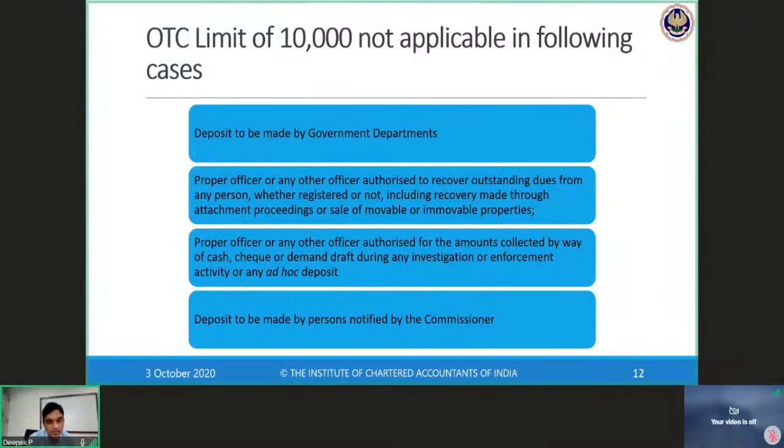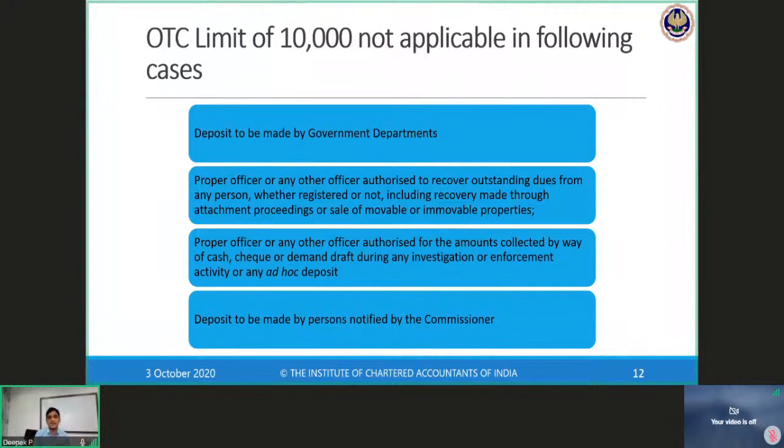Third is similarly in case of a proper officer or any other officer authorized, for the amounts collected by way of cash, check or demand draft during any investigation and enforcement. The second case was in terms of recovery proceedings, which is recovery of taxes in a post identification case.